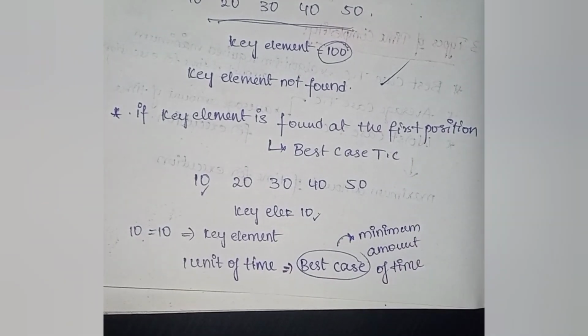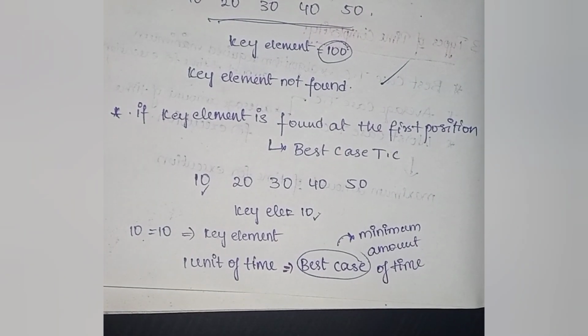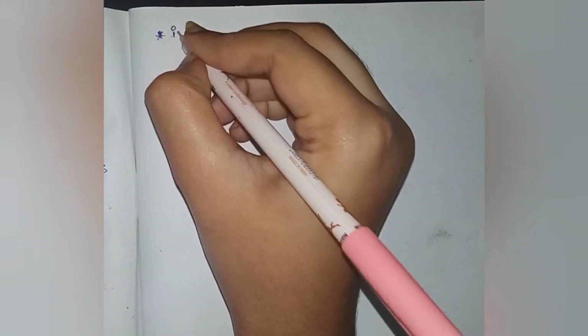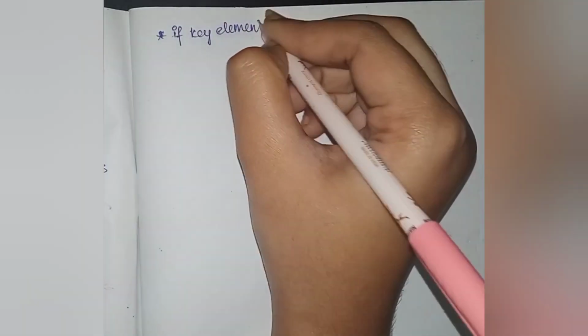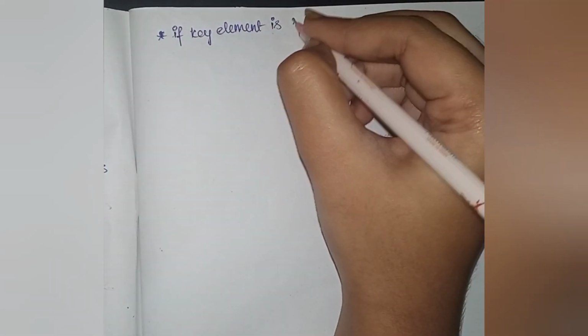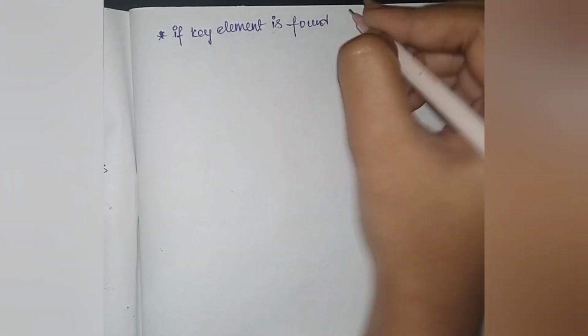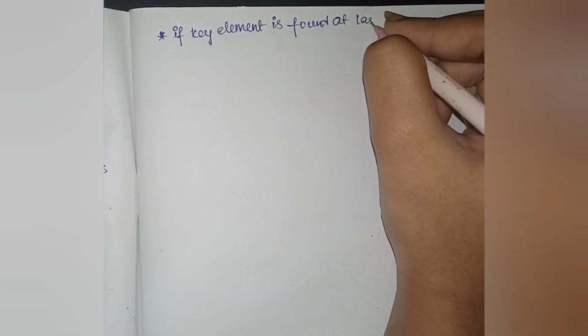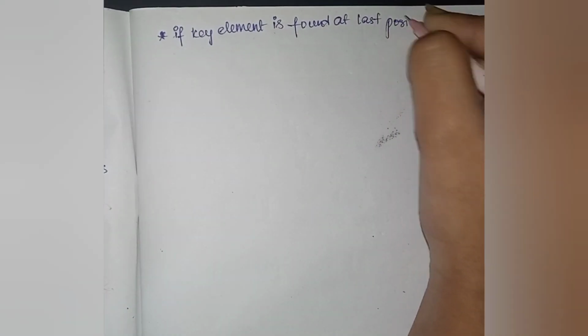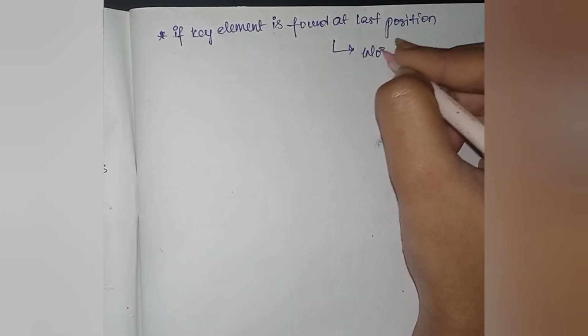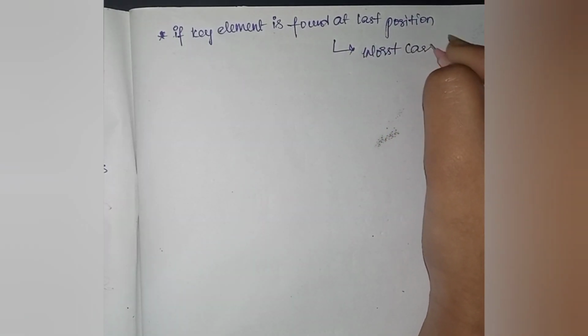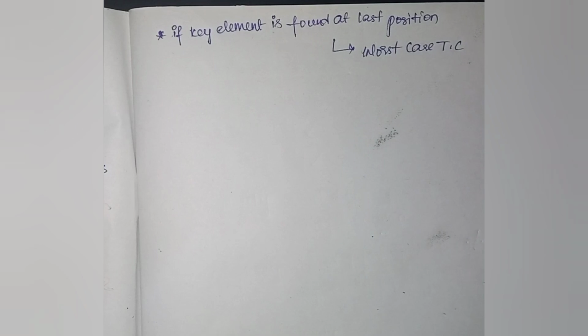So let's see an example for worst case. Next one is, if key element is found at the last position, then this is called as worst case time complexity.